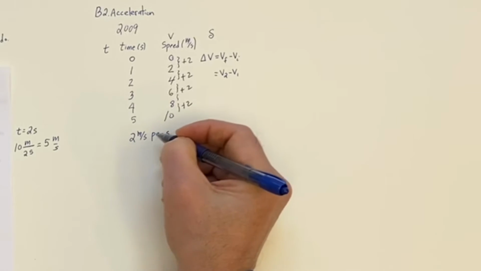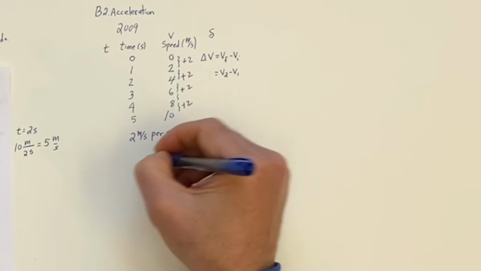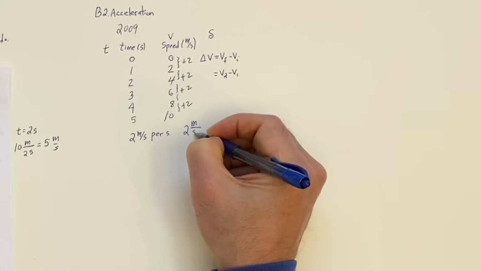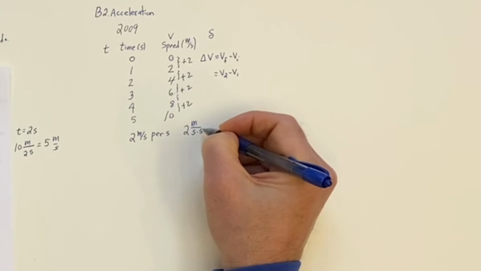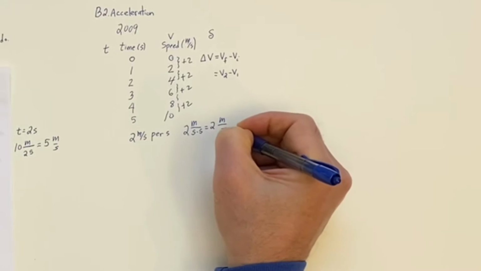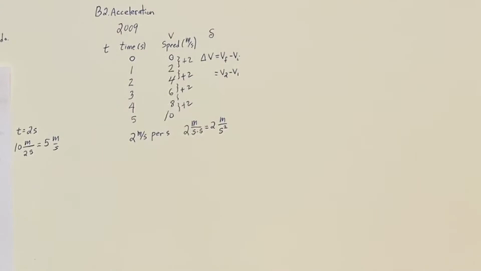Now, whenever we do per, we do a denominator for the location. So this is 2 meters per second, and don't mind the 2 seconds there. We're going to write that as 2 meters per second squared, and that's the unit for acceleration.